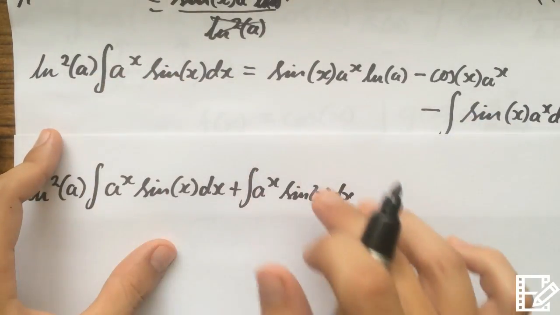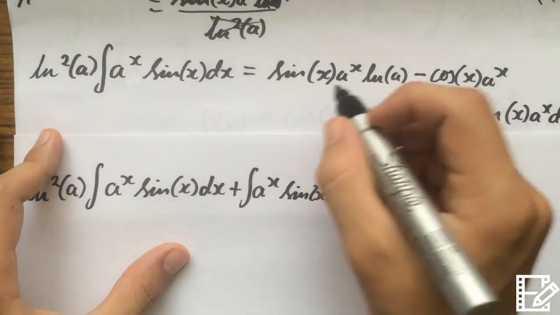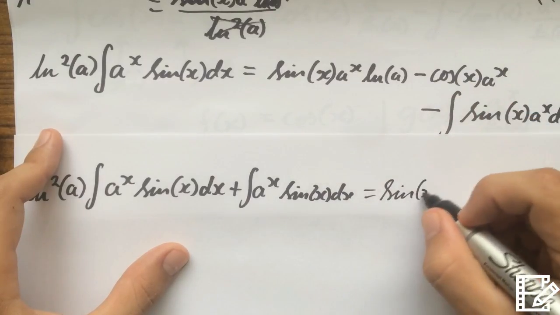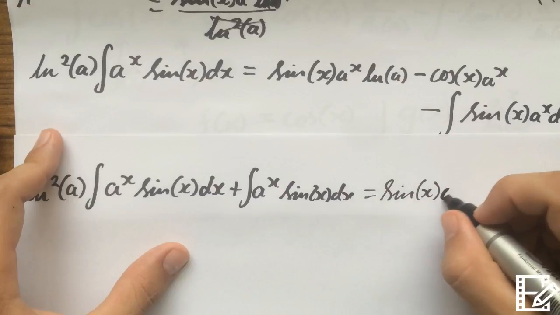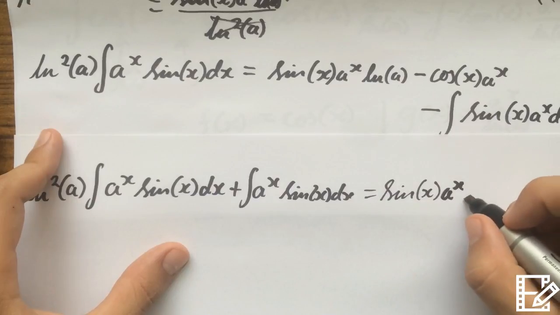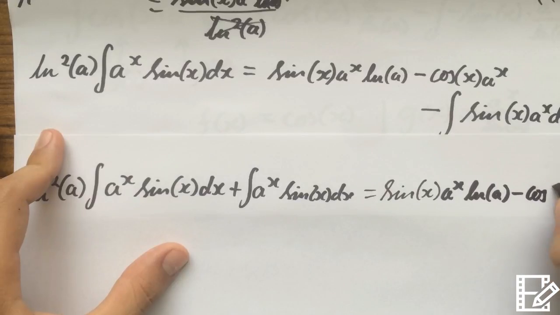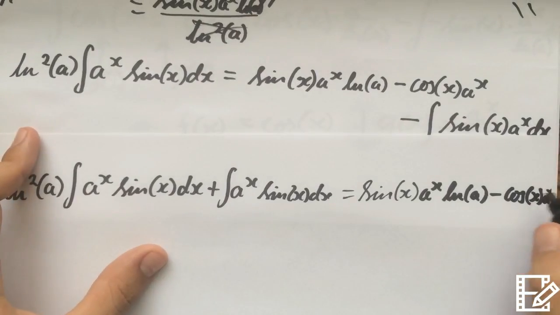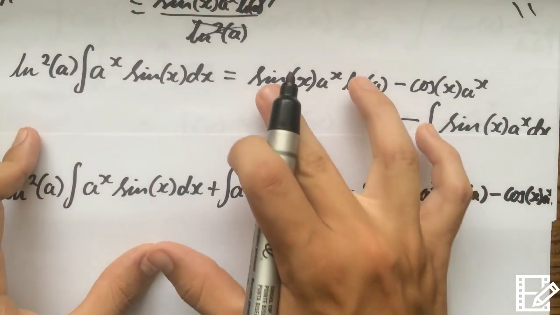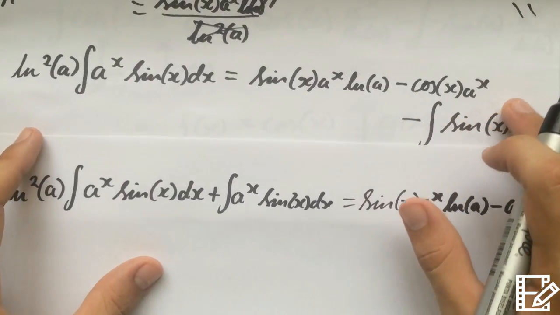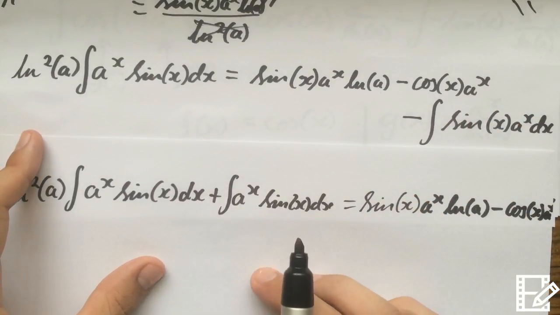I just brought it on the other side and added it. Okay? And on this side, we're left with sine x a to the x multiplied by ln of a minus cos x a to the power of x. Okay, I hope that wasn't too messy, but I hope you understand that this side is just this line here, the top part. This bit I added to the other side.